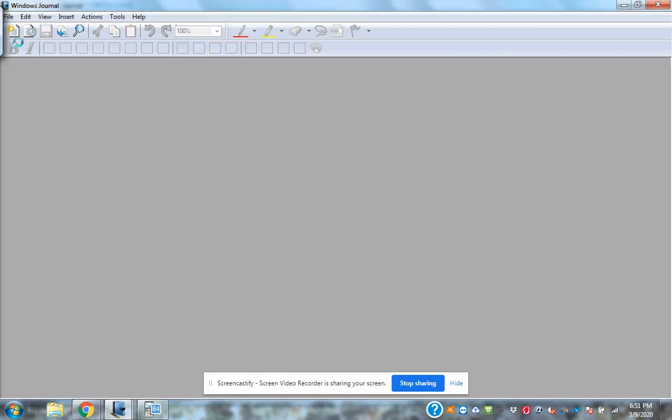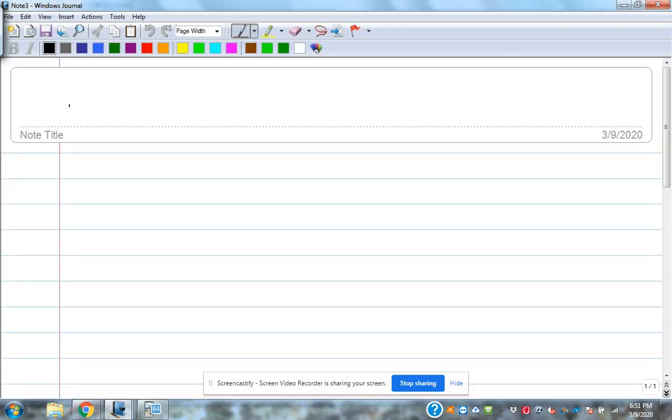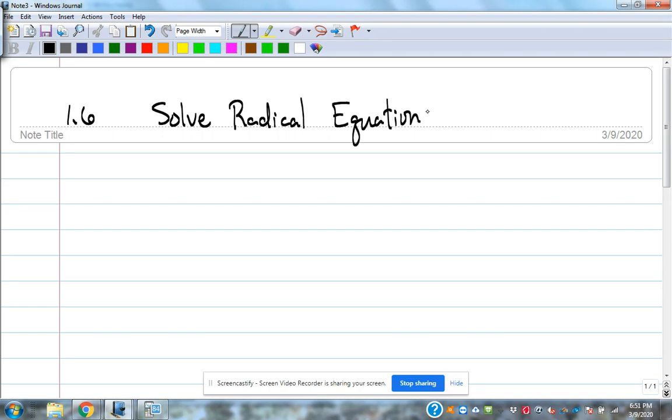So this is section, jumping into chapter 1, section 6, and we're going to solve radical equations. Then we'll get into exponential equations as well.